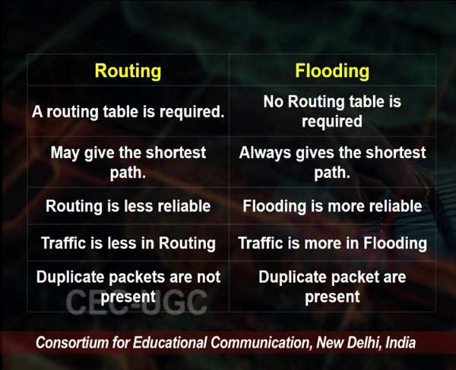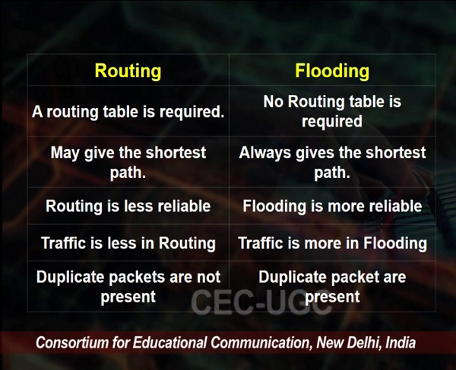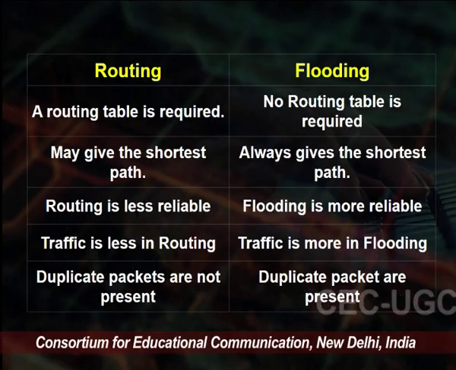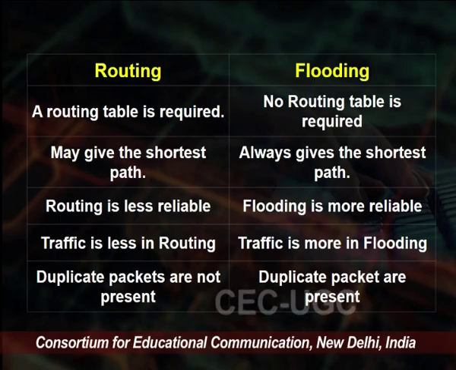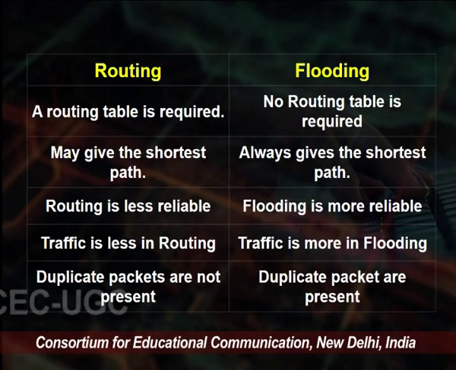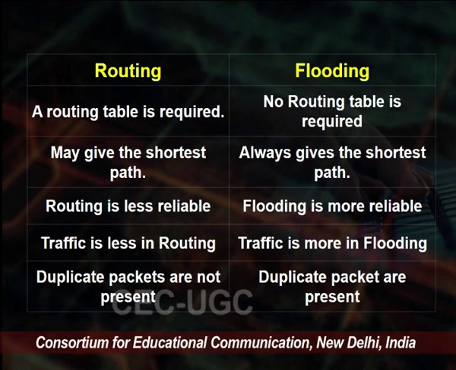Routing is less reliable, while flooding achieves more reliability. Traffic, obviously, is more in flooding as compared to routing. In routing, I can say duplicate packets are not present, while in flooding duplicate packets are definitely going to be present.